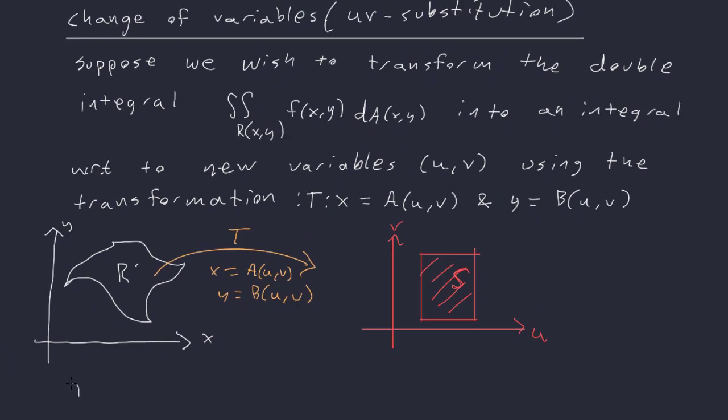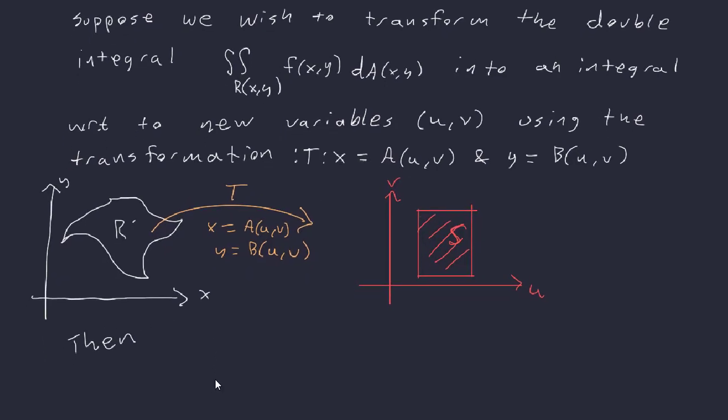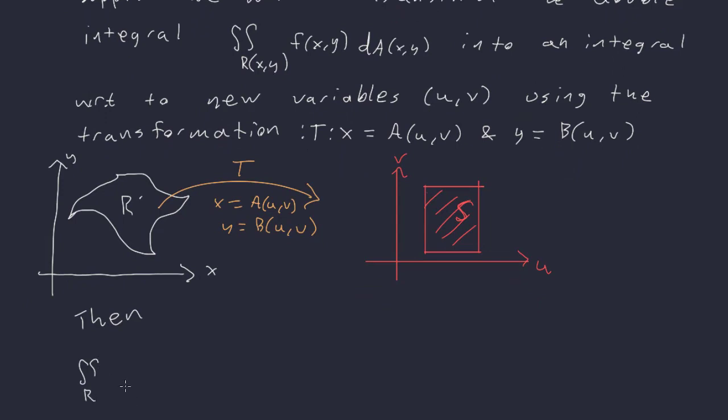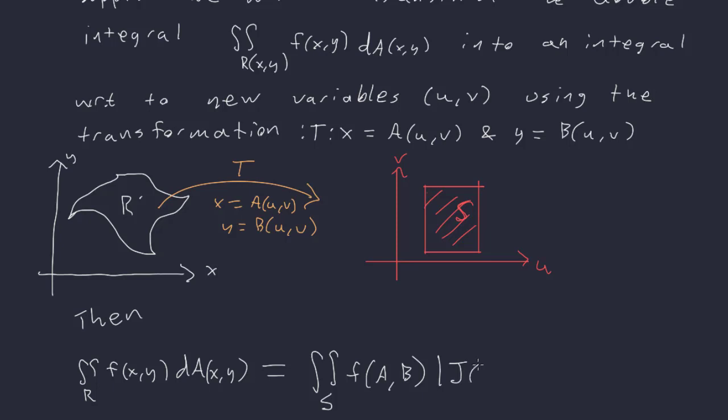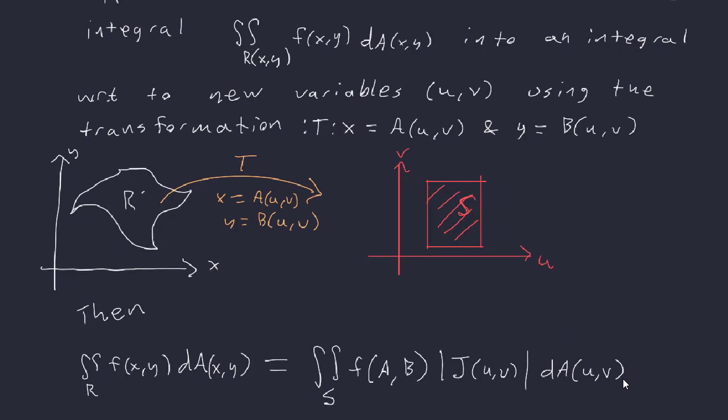So suppose this is what we want to do. Our double integral over R of f of x, y, dA of x and y, I'm putting that there so things are more specific, ends up being a new double integral over S of f of a comma b times the absolute value of J of u, v, and I'll explain what this is in a minute, dA of u, v.